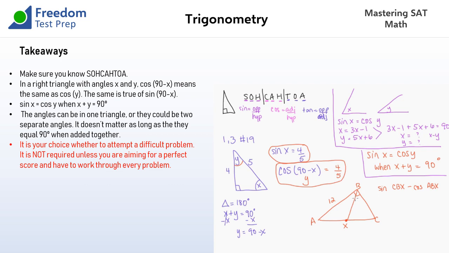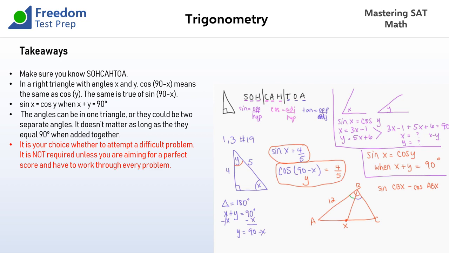CBX is this angle here. CBX. All right, and then ABX is this angle here. They want to know the sine of one angle minus the sine of the other.